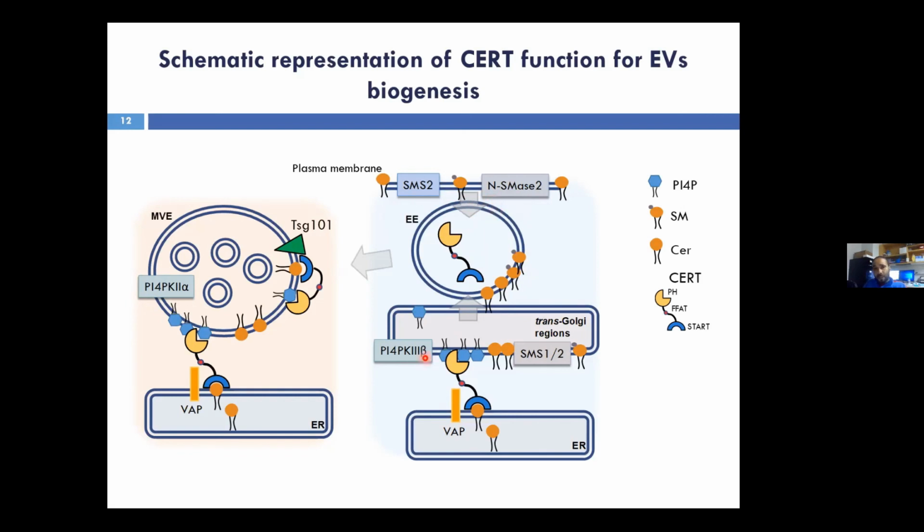But there is also an alternative, more direct pathway, which is present at the ER-MVE contact site, which is regulated by PI4K2 alpha PI4P production, where CERT relocates ceramide directly to MVE. After this direct relocation of ceramide, a complex is formed with TSG101, which can trigger inward budding and extracellular vesicle formation.